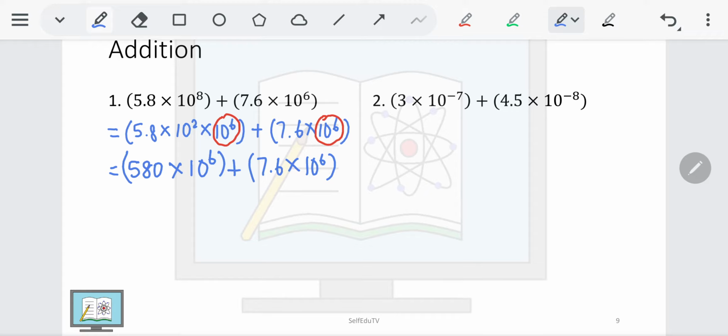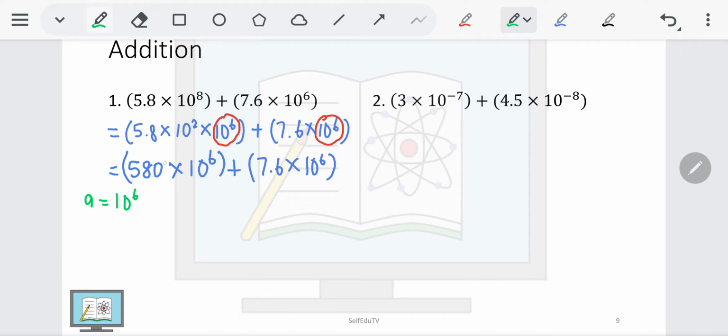Okay, next I have to add. So how to add? Let's say if I let A to be 10 to the power of 6, I just let it be an unknown.